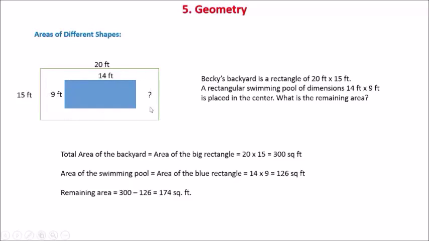The area of this big rectangle is length times width, 20 times 15, which is 300. The area of the swimming pool is again length times width, 14 times 9, which is 126. Take the difference between the two: 174 square feet is the leftover area.